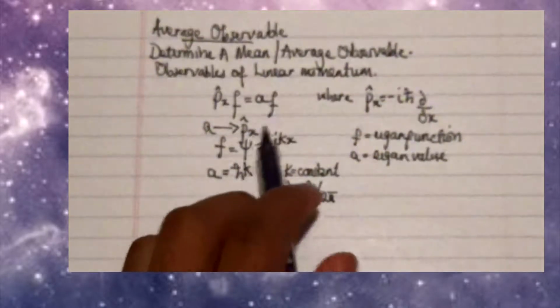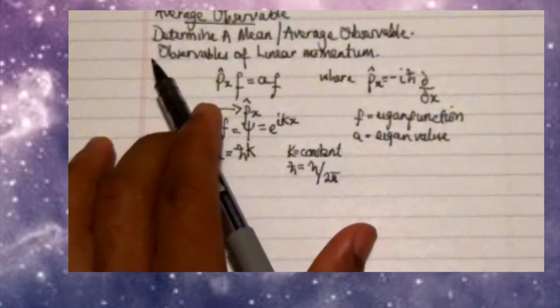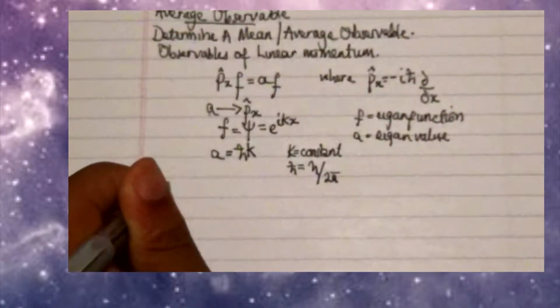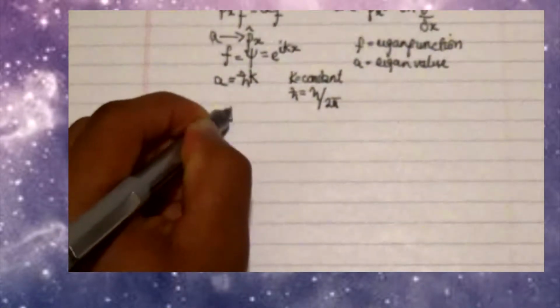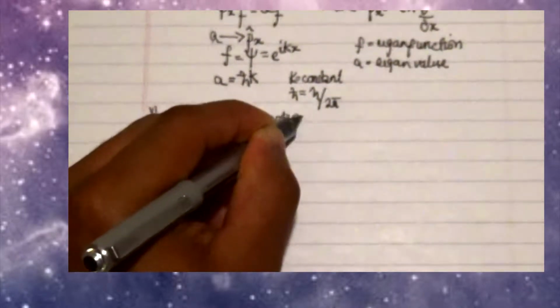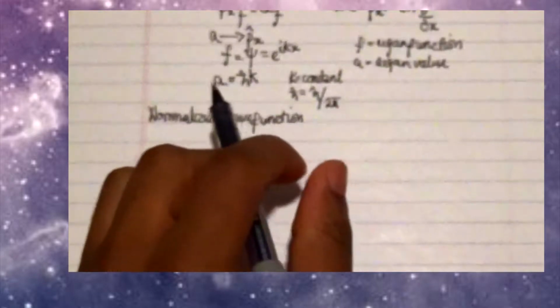Once you understand what a is, our next step is to understand what a normalized wave function is. This is the second part of our explanation for introducing our idea of average observable. Now, we know what a is.